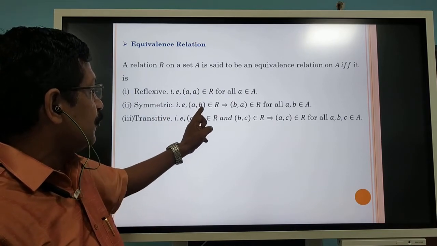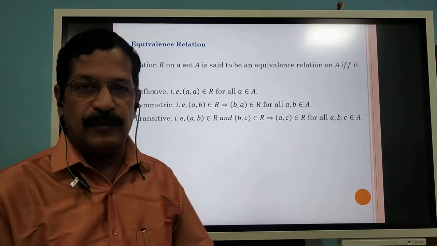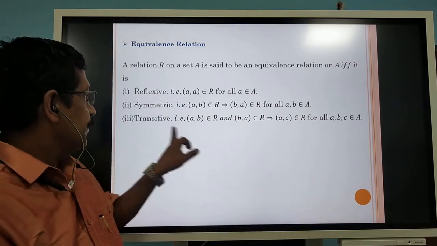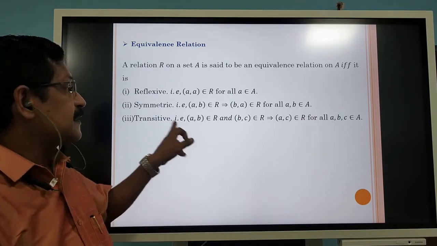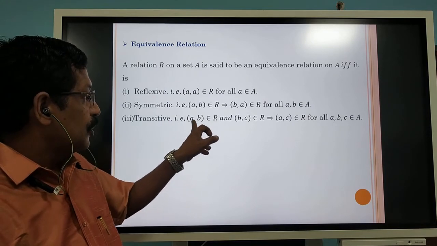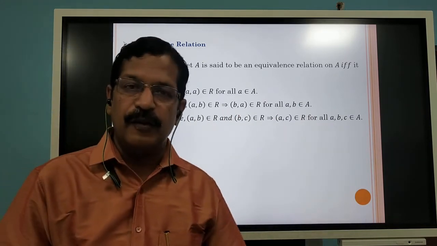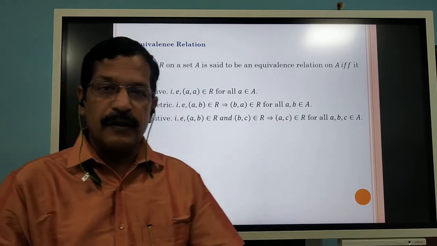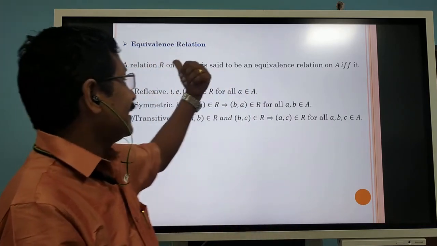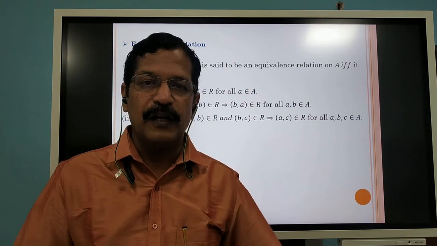That is, (a, b) element of R implies (b, a) element of R, for all a and b elements of the set A. And the third condition is transitive. That is, (a, b) element of R and (b, c) element of R implies (a, c) element of R, for all a, b, c elements of the set A. If all the three conditions are satisfied, then the relation R is said to be an equivalence relation.